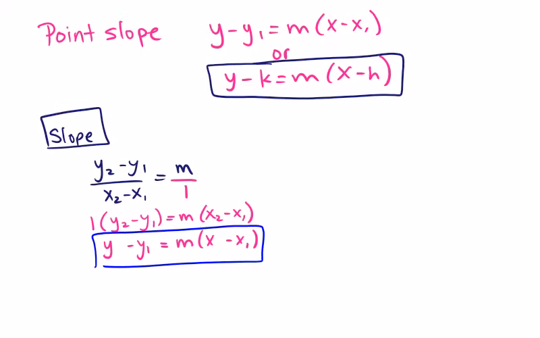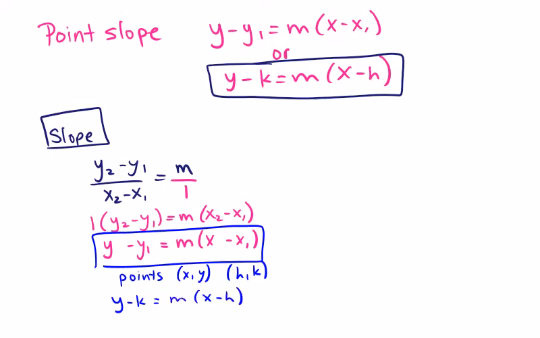Often we can talk about our points instead of x and y. They're often labeled as h and k. Now this is true in terms of movement of parabolas, movement of different graphs. And so with that, the centers of circles. So what we're doing is we're going to substitute h and k in place of x1 and y1. So that's why we get y minus k equals m times x minus h.